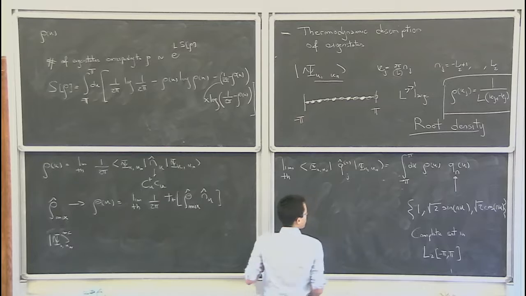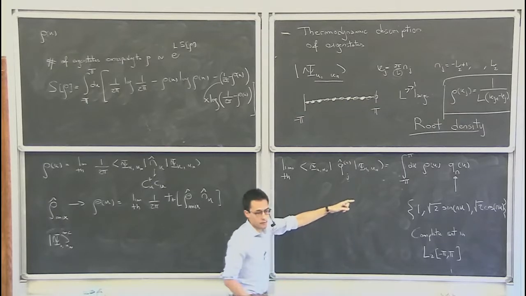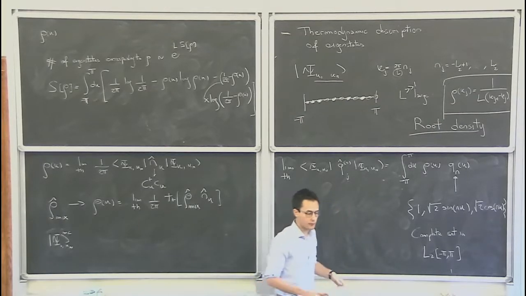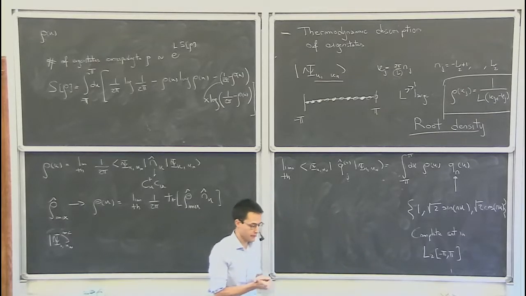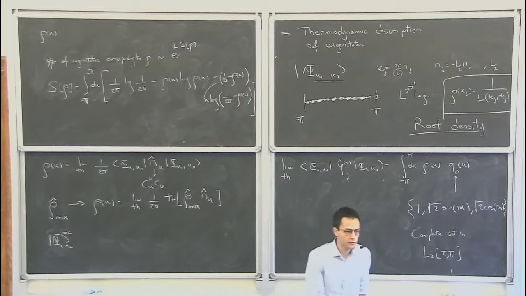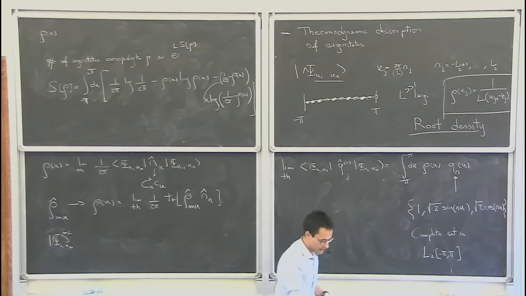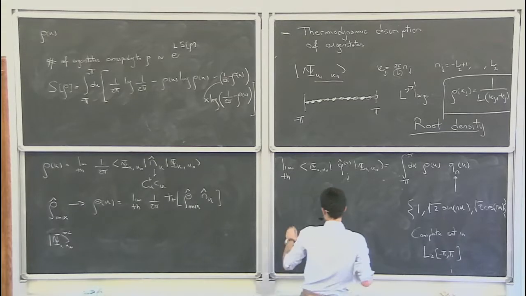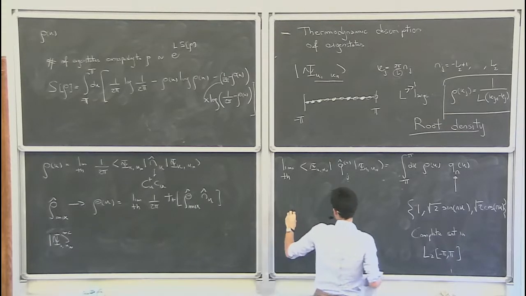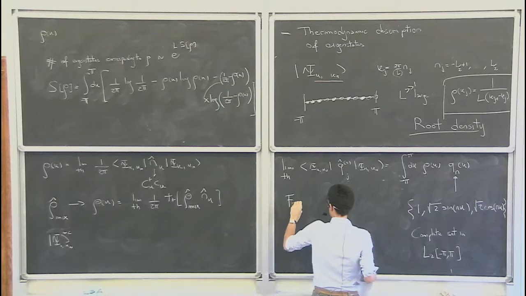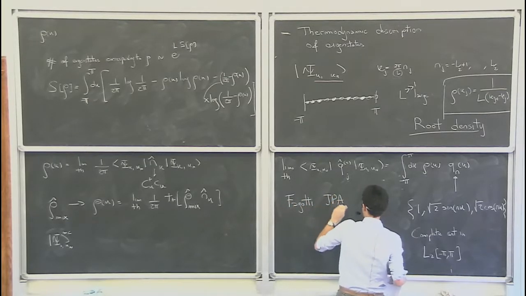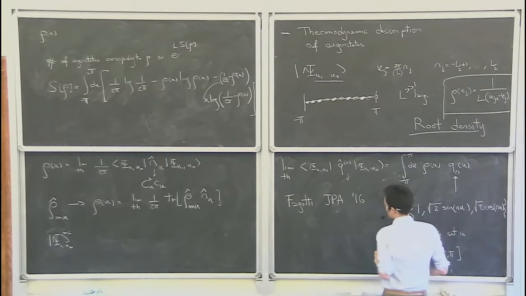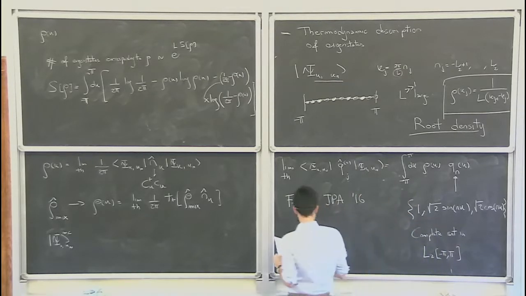Okay? So this is simple because I gave you the expression of this in the previous lecture, but we can actually also compute the expectation value of the currents. In the previous lecture, I didn't give you the explicit form of the currents, even if it's computable, and I refer to a paper by Maurizio Fagotti, if you want to find it. Fagotti, J. Phys. A, 2016.